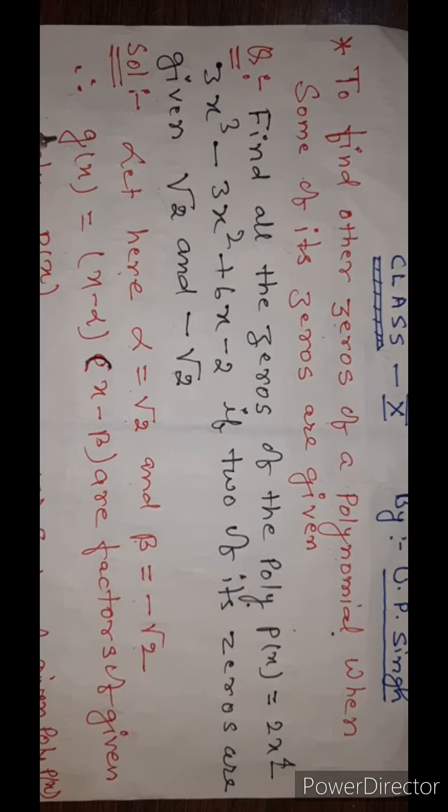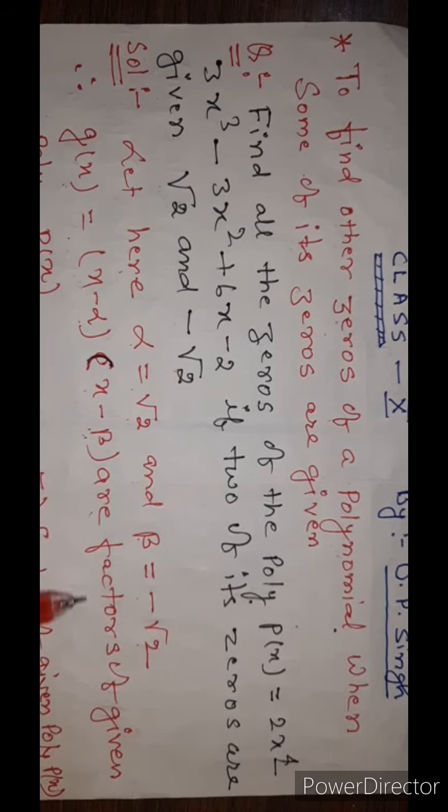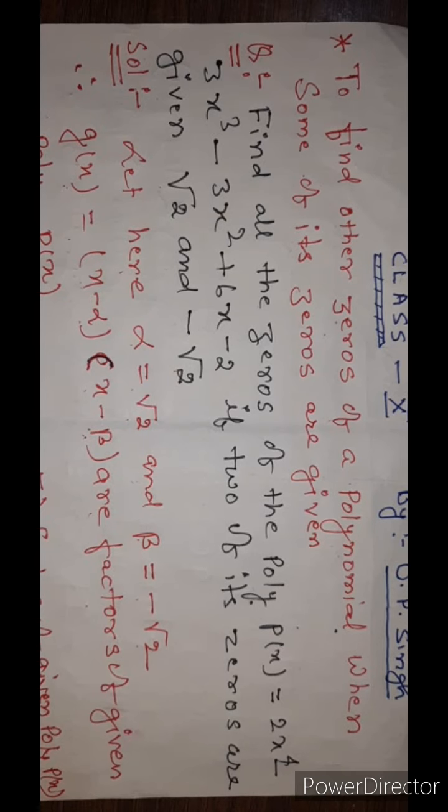Student, you have to take here g of x, this will be the divisor, equal to x minus alpha, x minus beta. Here two zeros, alpha and beta, are already given, so here will be two factors of the given polynomial. X minus alpha, x minus beta are factors of the given polynomial p of x.